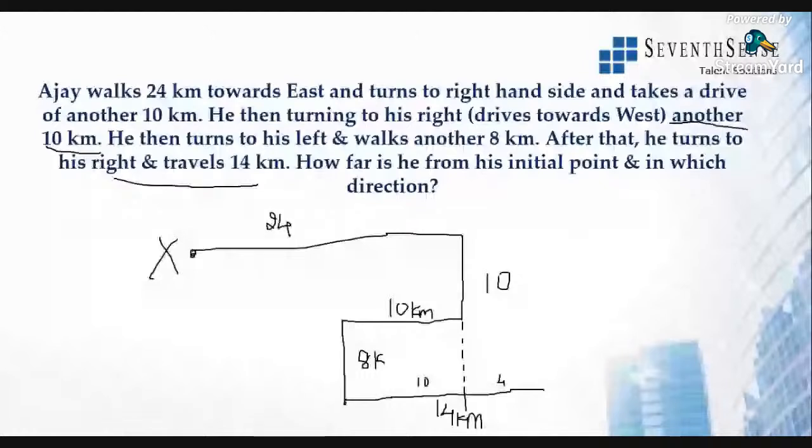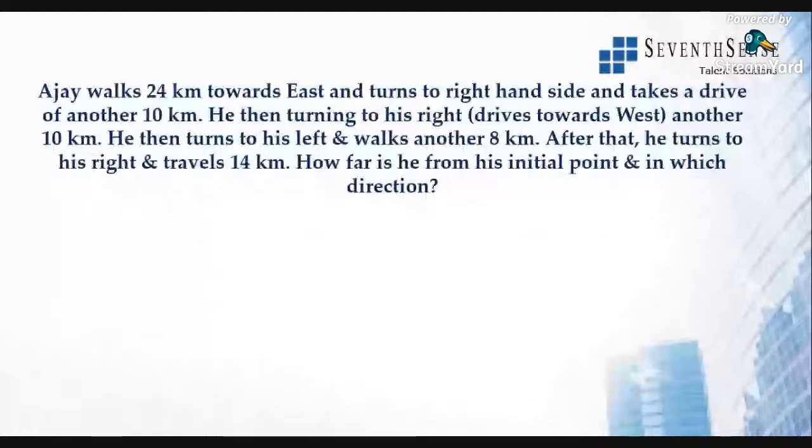Okay, let me just clarify this. Ajay walks 24 kilometers east and turns to his right hand side. I'll just solve this once again. So he just walks 24 kilometers, and from east he turns right hand side and takes a drive of 10 kilometers.